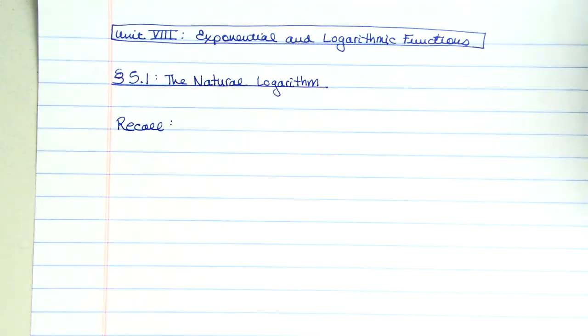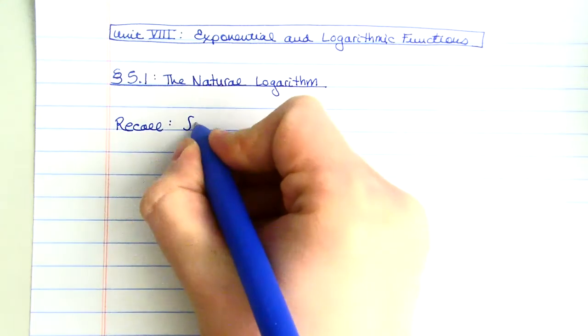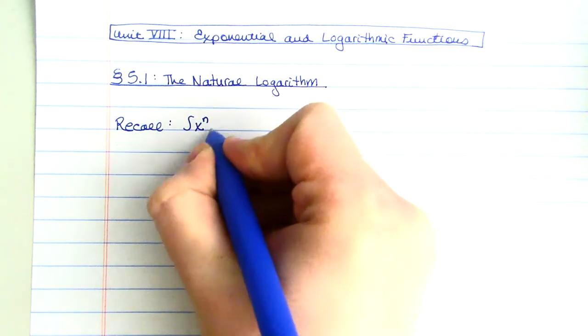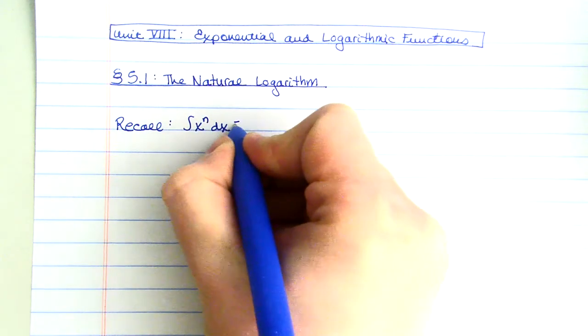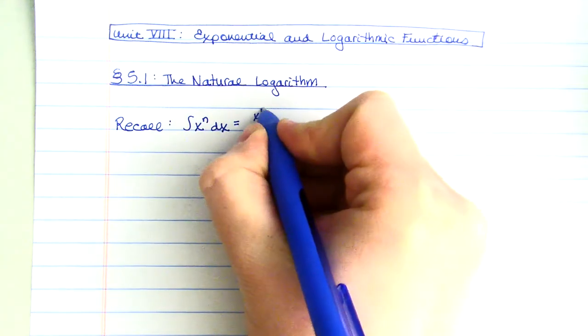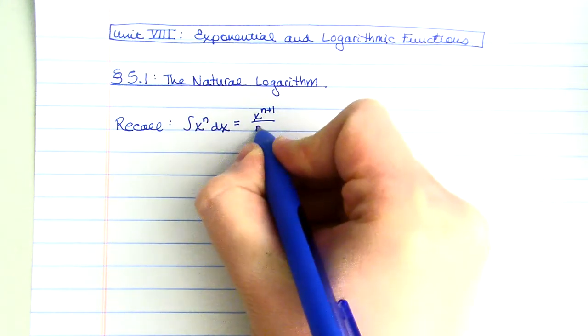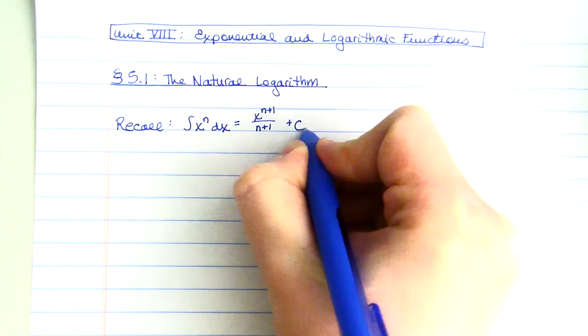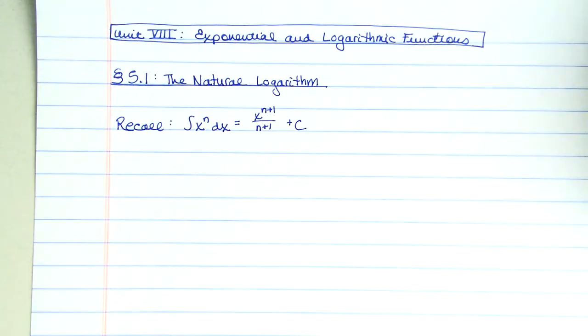We need to recall the integral of x to the n dx. Our power rule gives us x to the n plus 1 over n plus 1 plus a constant, and this works for every power except for negative 1.